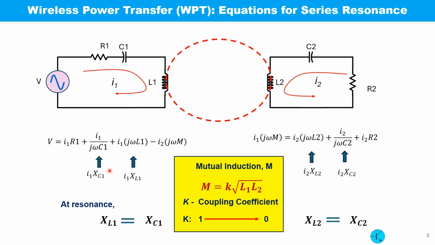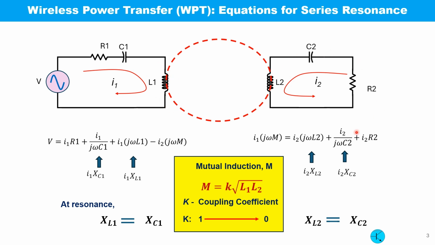It is also expressed as XC1. The third term, I1 times j omega L1, is the inductive reactance by the coil, also expressed as I1 XL1, and the fourth term, I2 j omega M, is the effect of mutual inductance.